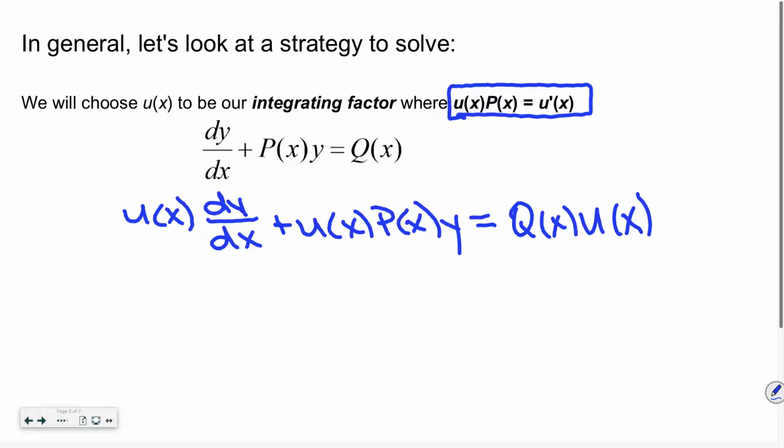If we strategically pick u of x to where u of x times p of x is u prime, let's go ahead and replace that.